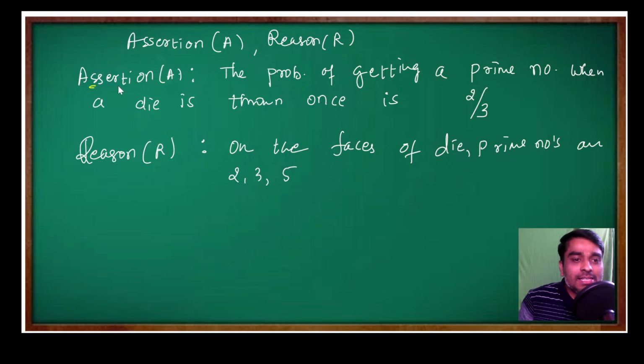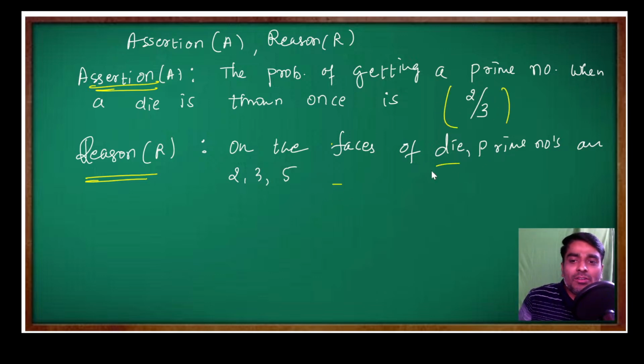Yes, so this is the assertion and this is the reason. You need to tell whether the assertion is true or not. If it is true, then whether this reason is true or not. There will be 4 options given in the question paper. You might have seen in the Sahodaya exam, right? So you have to just tick the right one there. For that you need to solve these two, then you will get to know.